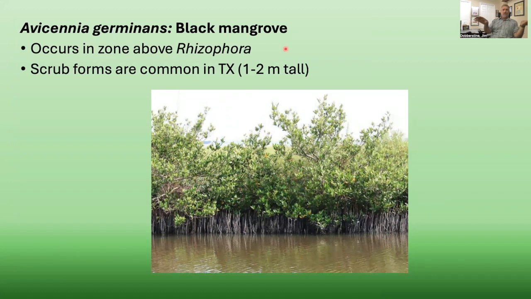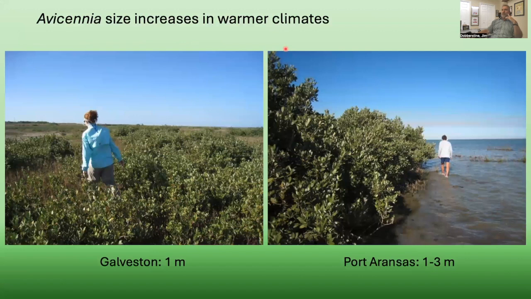And actually, I used this example when we were talking about the red mangrove, but the plants that were affected in my particular marsh there on Edgar Bayou were in fact these Avicennia black mangrove. But similar sort of issues, right? Neither of them are very freeze tolerant. The scrub forms are very small, usually 1 to 2 meters. The plants that we had there along Edgar Bayou were in the 2 meter range, so they were doing quite well.